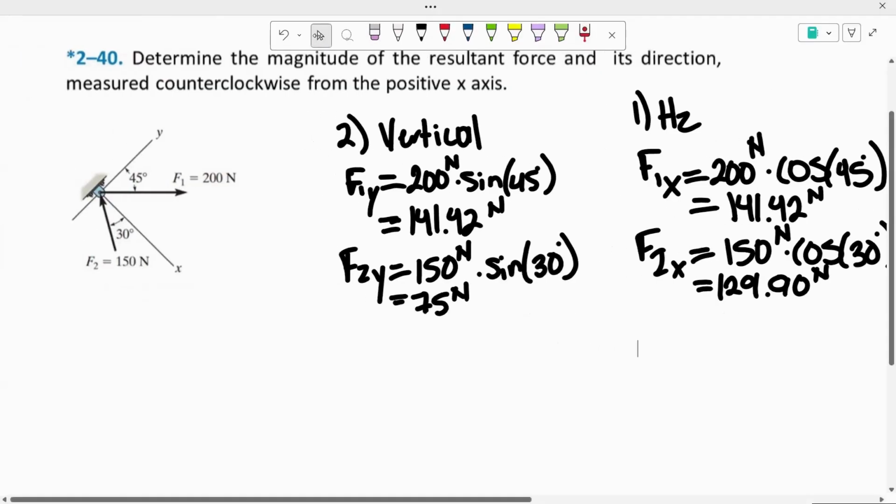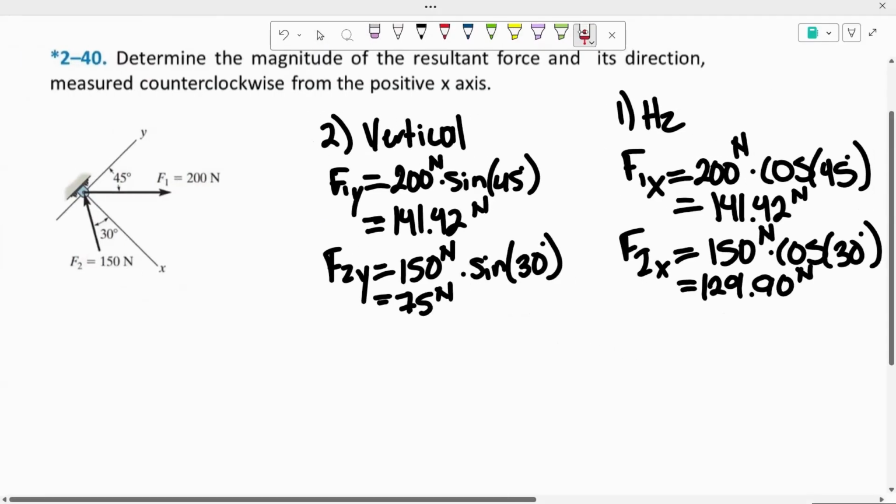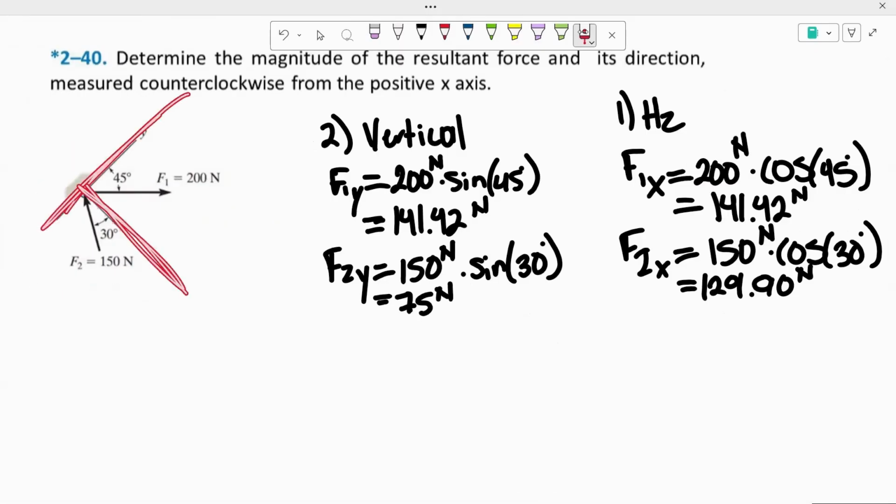If we take a look at this given figure, this is our y-axis, this is our x-axis. Y is going upwards, and this is y going downwards, and this is x going to the right, and this is x going to the left.